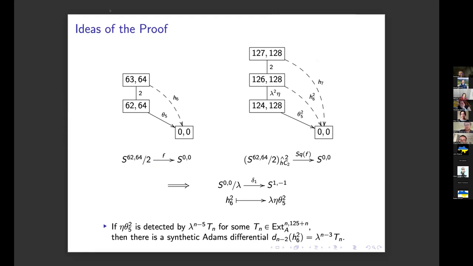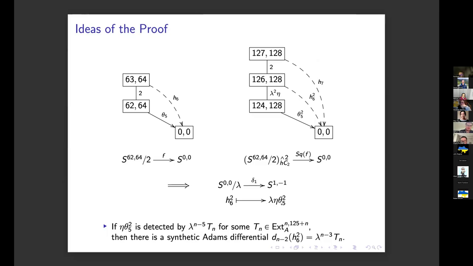Is H6 squared the product of theta 5 squared with lambda eta or lambda squared eta? So what happens is that because of these two attaching maps, we know for sure that the multiplication of these two things is 0. And the total differential maps to a single lambda torsion.